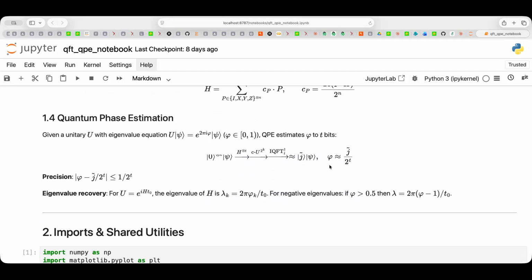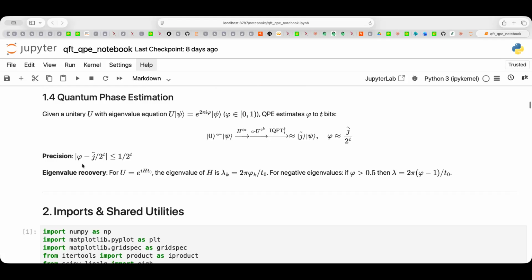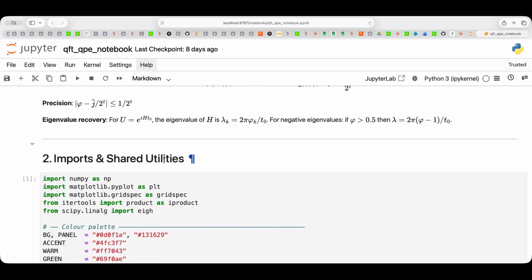The phase is then given by j, the encoded state, divided by 2 to the power of t, where t is the number of qubits. The precision is given by the exact value we want to reproduce minus j divided by 2 to the power of t. That's the precision for the eigenvalues.